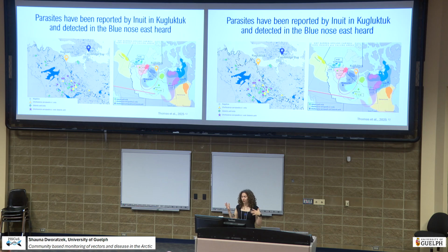So this Bluenose East herd also travels very much further south, and this even happens in summer regions, so it's possible that they're being exposed to these parasites further south near Great Bear Lake.